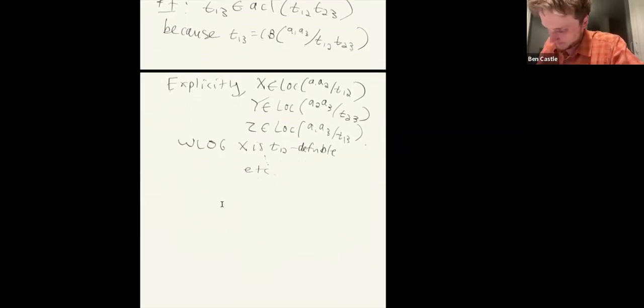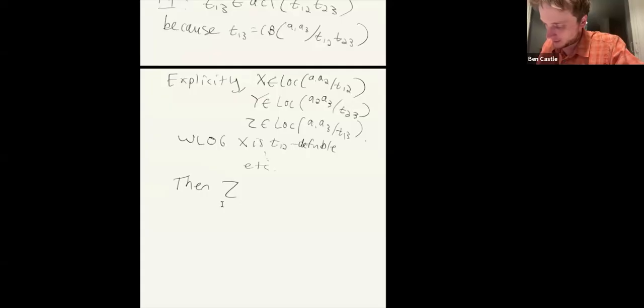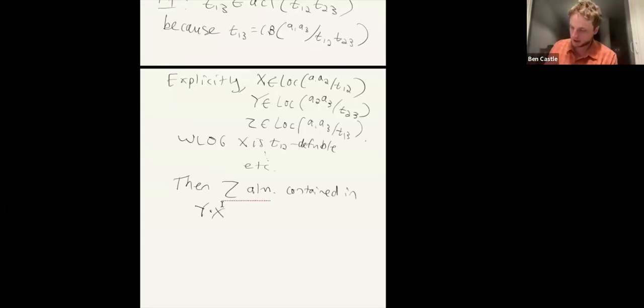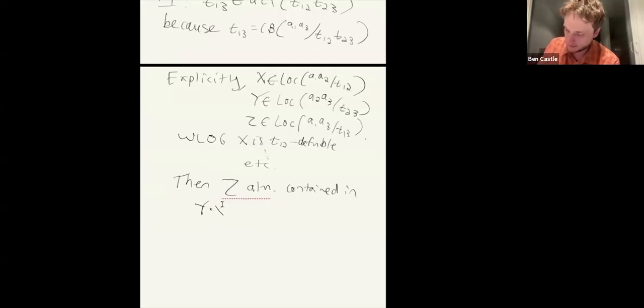Well then, precisely what happens is that Z is going to be, well, almost contained in the composition Y composed with X. The reason we know that is because the point A1, A3 is generic in Z and belongs to the composition.